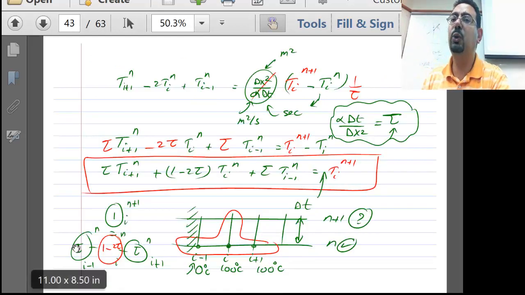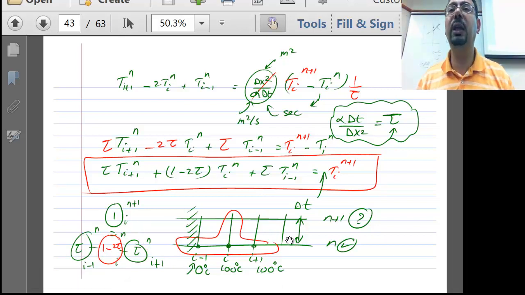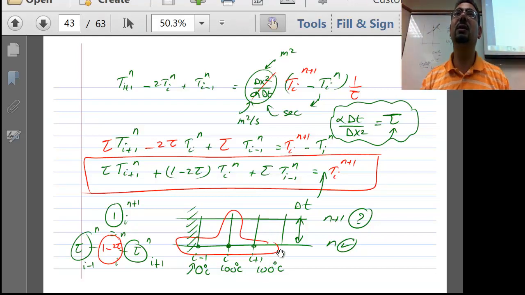And that's interesting. Look at this. It's 0.25, 0.5, and 0.25. It's as if it's saying your temperature here is 50% dependent on your own effort, and 25% on how much you copy from the guy next to you, and 25% from the other guy. So at the end of the day, it's divided over those three guys.